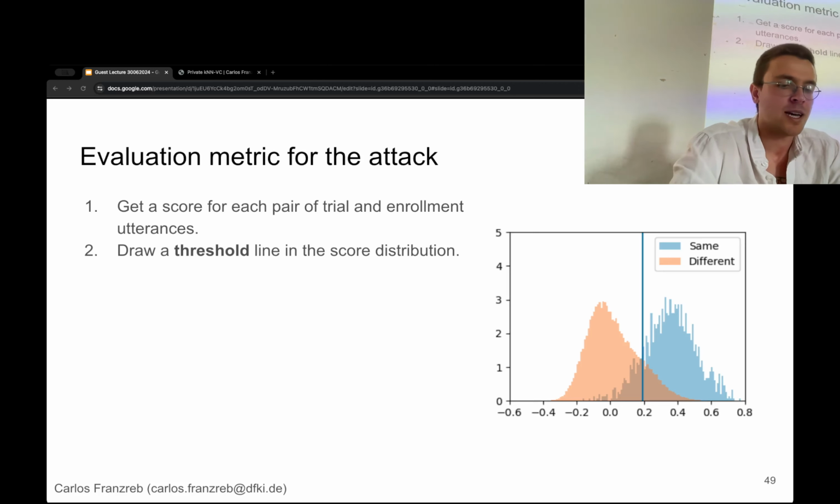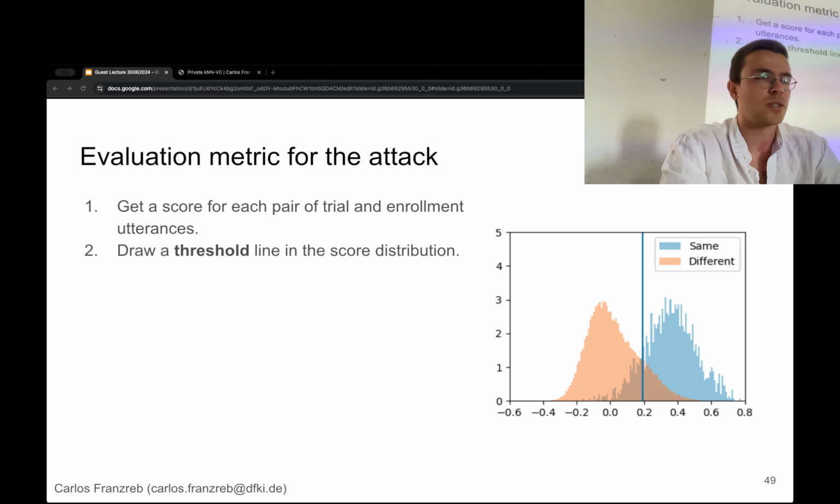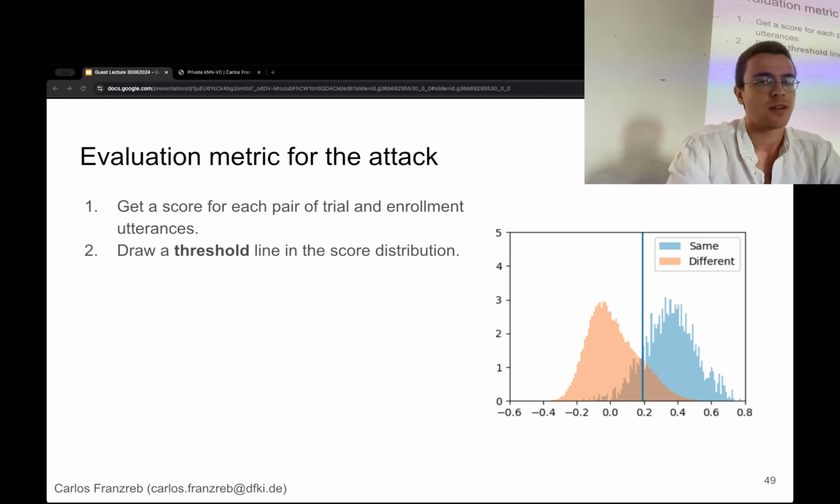And then the second aspect is you need a metric to perform this evaluation, right? So you have pairs of trial and enrollment utterances, and the first thing you do is get a score with this recognizer. You compare the vectors with cosine similarity to get a score, and you can plot these scores as I do here in this figure.